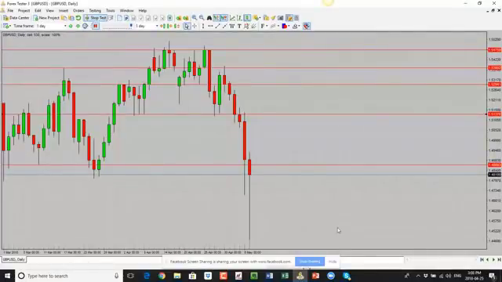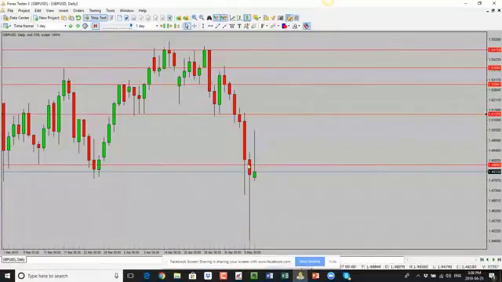So quite a bit of a drop here. So now we have a big pin to the downside, which means price could pull back from here. So let's see. There we go. Price pulled back, but then closed down here.